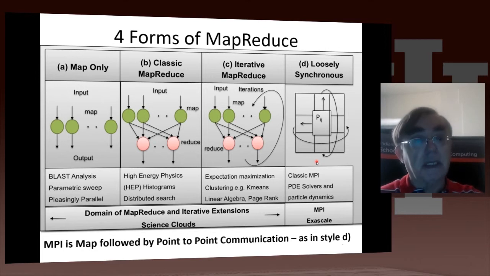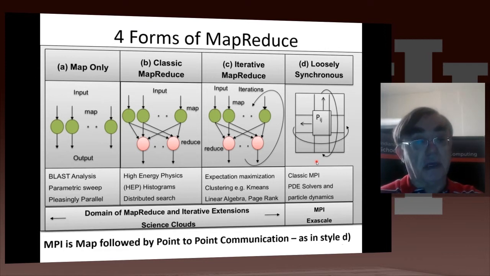So map only is actually a pretty common feature of many data-intensive problems, because your raw data gets mapped into information, and that mapping of raw data into information is often what we call pleasingly parallel, namely every data point can be mapped independently, and there's no collective operation like reduction.